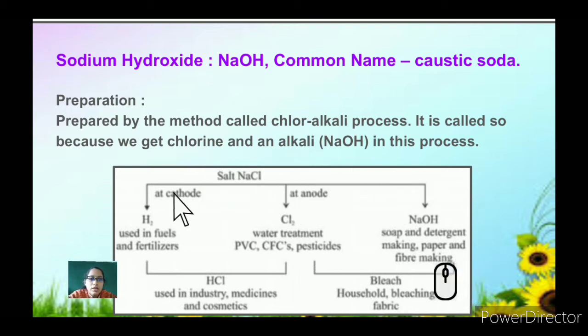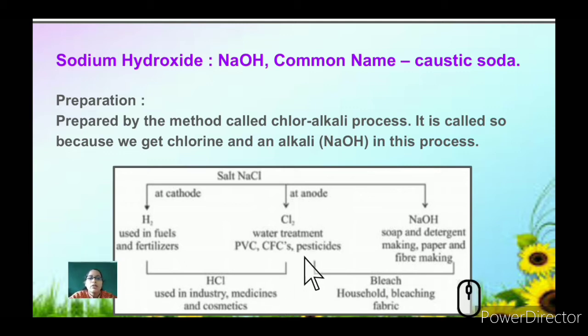You can see in this figure that NaCl is taken and undergoes the process of electrolysis. At the cathode, hydrogen is produced, and at the anode, chlorine is produced.